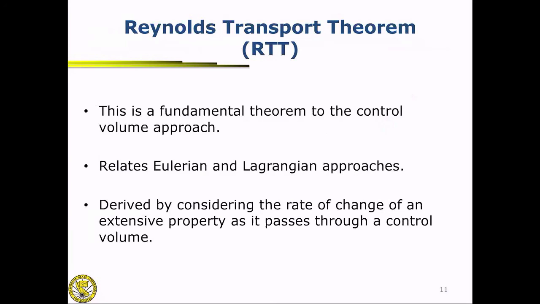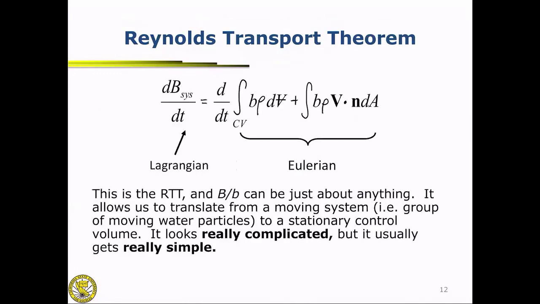It relates both the Eulerian and Lagrangian approaches and is derived by considering the rate of change of an extensive property as it passes through a control volume. This is our equation for the Reynolds transport theorem. Capital B and lowercase b can be just about anything. It just allows us to translate from a moving system to a stationary control volume.